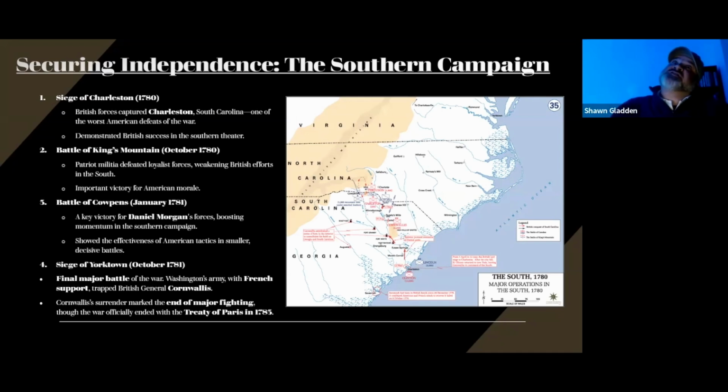So there are some historians that look at the Revolutionary War in North Carolina and South Carolina almost as more of a civil war between colonists than a revolution. Much of the fighting was between fellow colonists, loyalists versus patriots. The victory at Kings Mountain weakened the British influence in the South and boosted American morale.